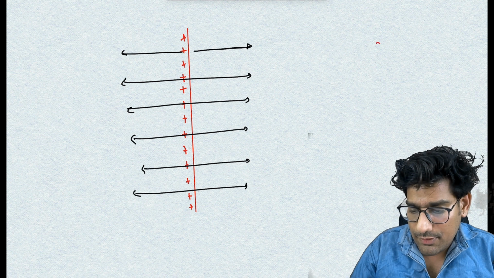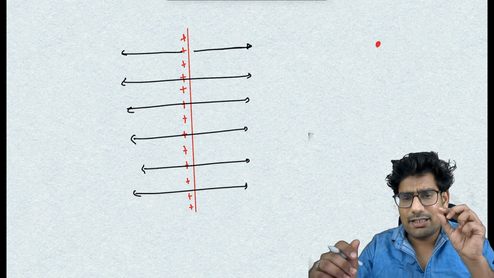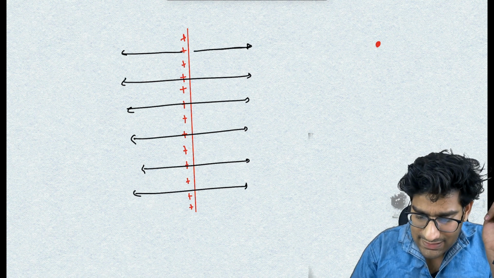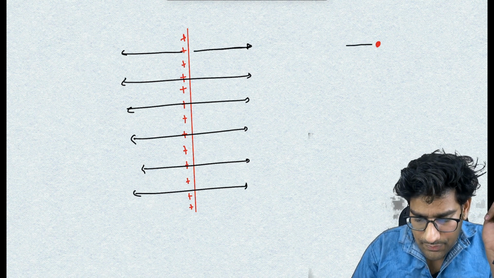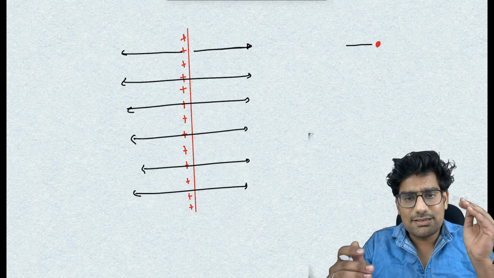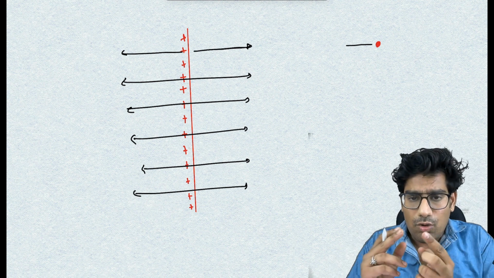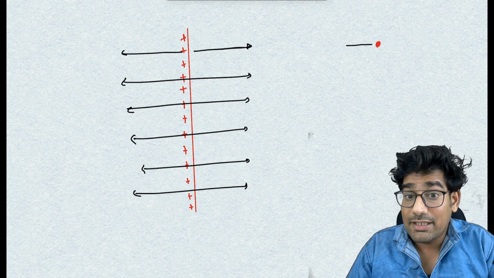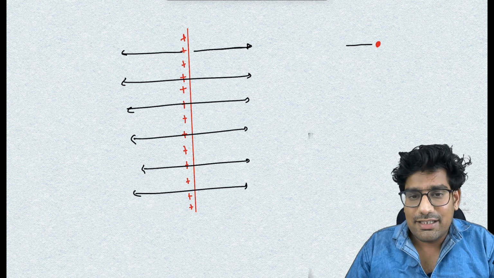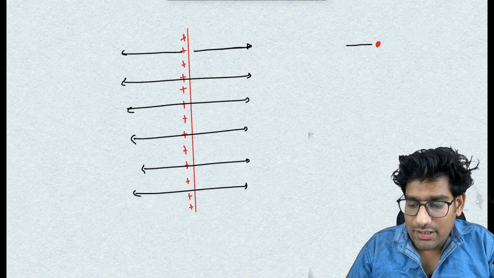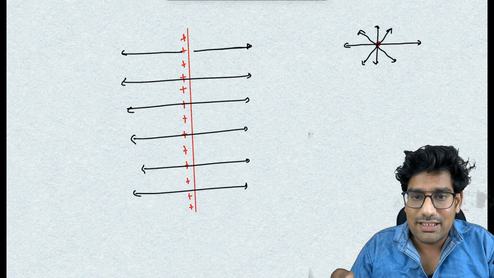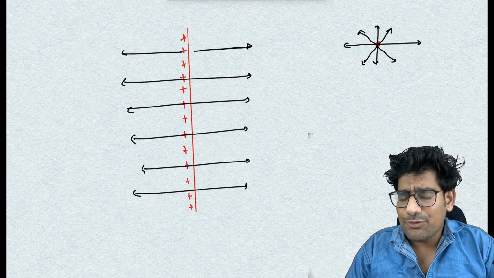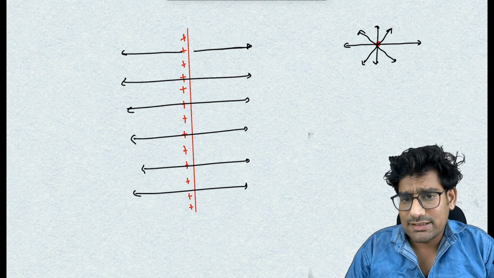It means if I take an elemental charge here, let us suppose I just take this much charge here, then this much charge is emitting the electric field all around in the plane. It is not emitting the electric field in 3D space, it is emitting the electric field in 2D space, something like this, in the form of a disk. So that will help us to find out the flux here.